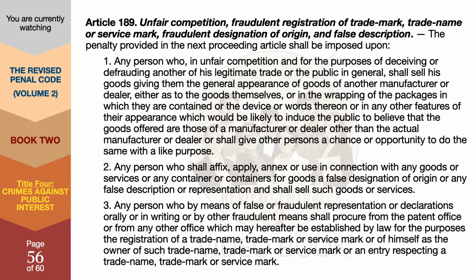Any person who, in unfair competition and for the purposes of deceiving or defrauding another of his legitimate trade or the public in general, shall sell his goods giving them the general appearance of goods of another manufacturer or dealer, either as to the goods themselves, or in the wrapping of the packages in which they are contained, or the device or words thereon, or in any other features of their appearance which would be likely to induce the public to believe that the goods offered are those of a manufacturer or dealer other than the actual manufacturer or dealer, or shall give other persons a chance or opportunity to do the same with the like purpose.